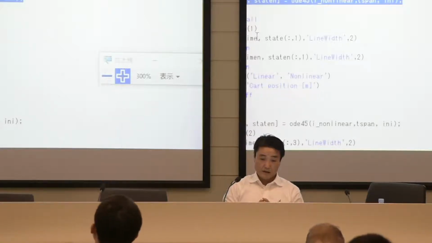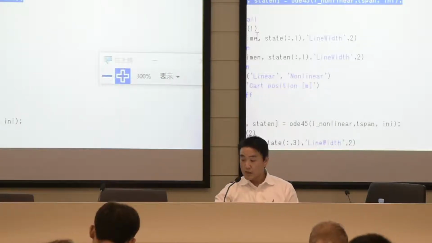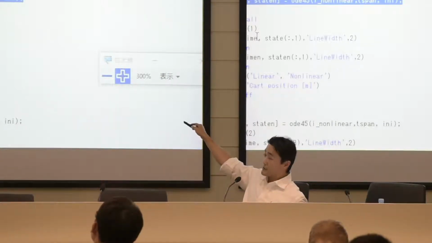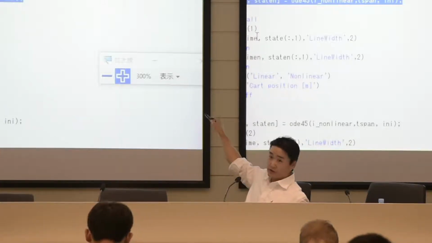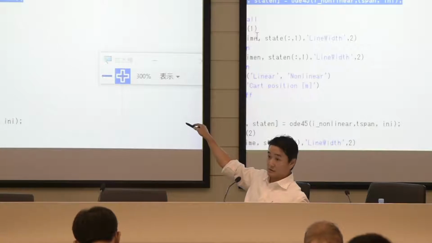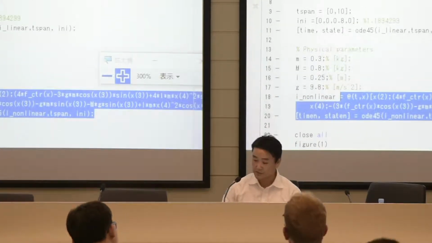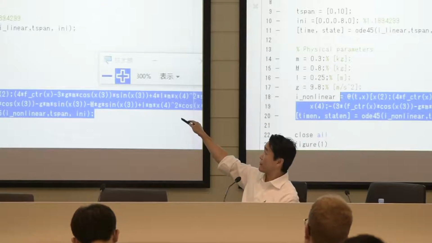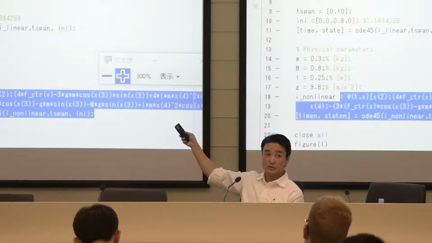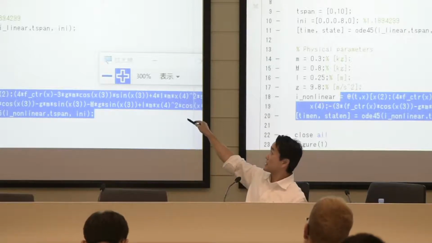And this is very important. I would like you to do the simulation with the model as accurate as possible. In this case, this is the most accurate model, right? Instead of this linear system, because this is linearized, and this completely loses the information of sine or cosine.